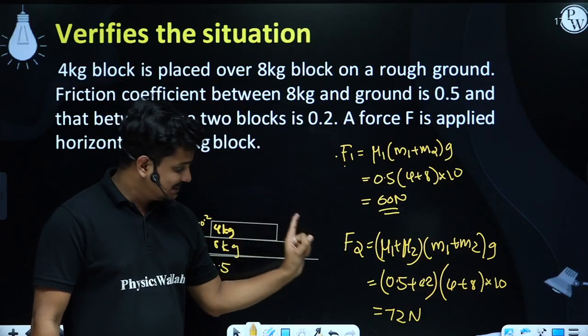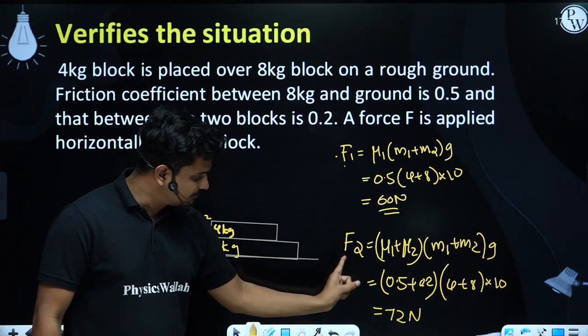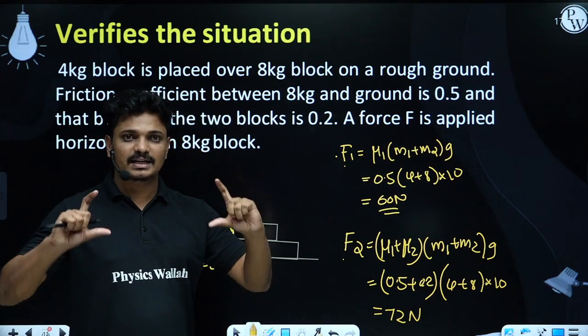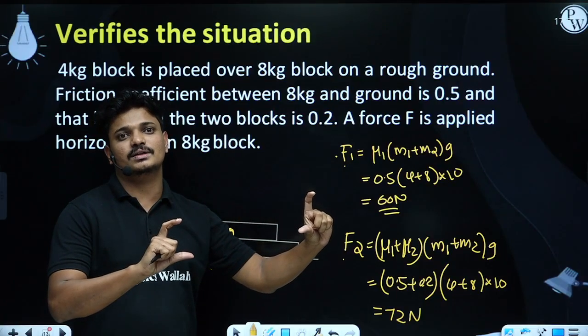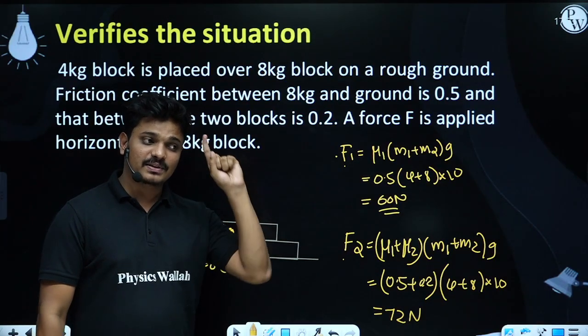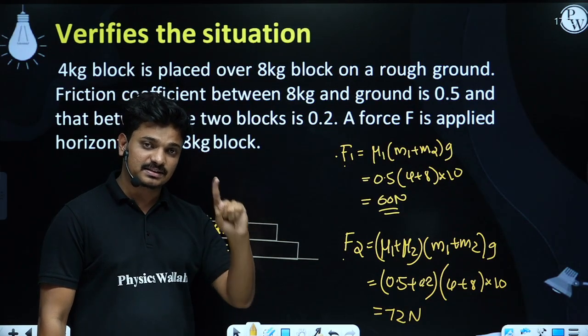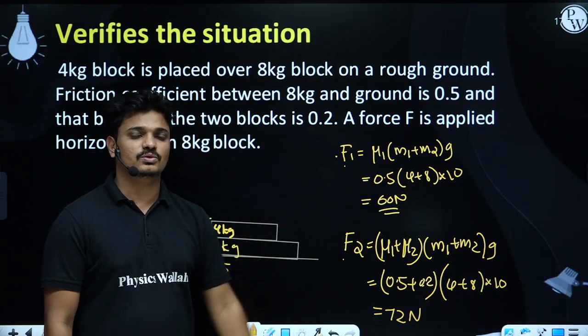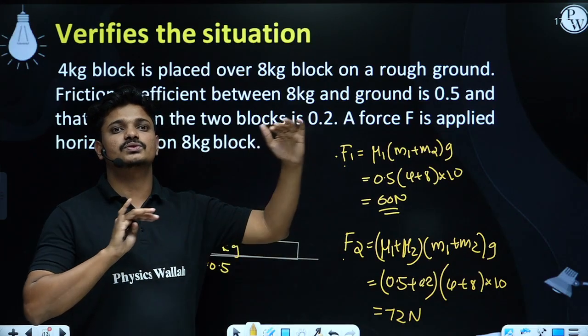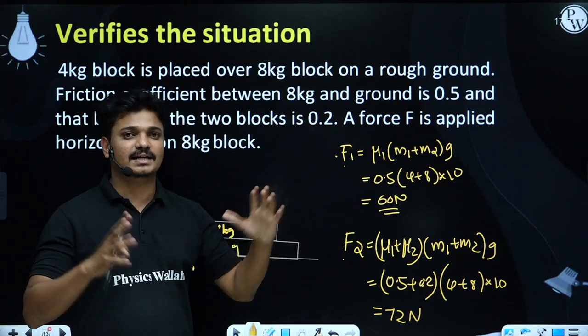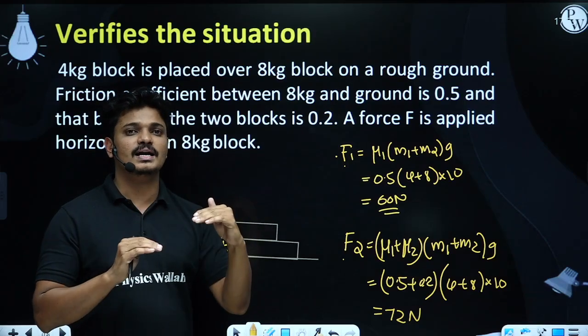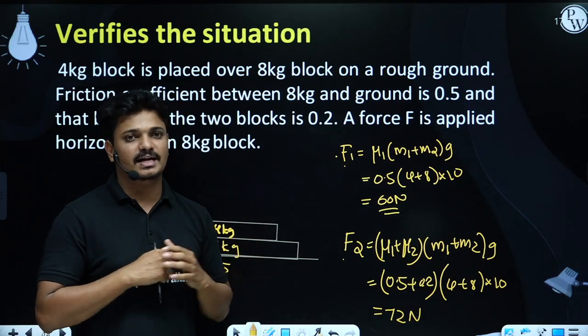If the external force is equal to F2, that means 72 Newton, M2 starts to slide over M1. And if the external force is greater than 72 Newton, M2 and M1 move with separate accelerations.